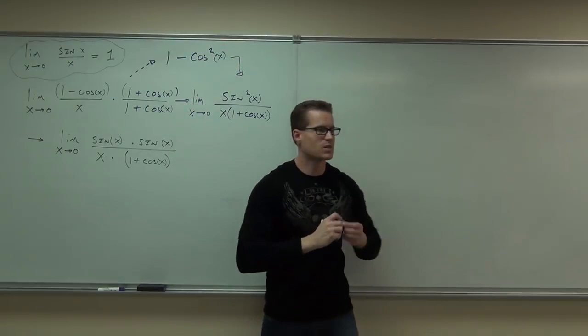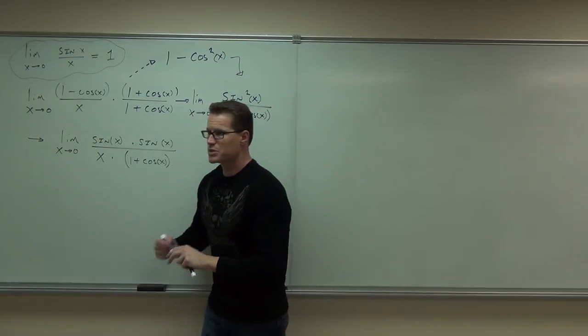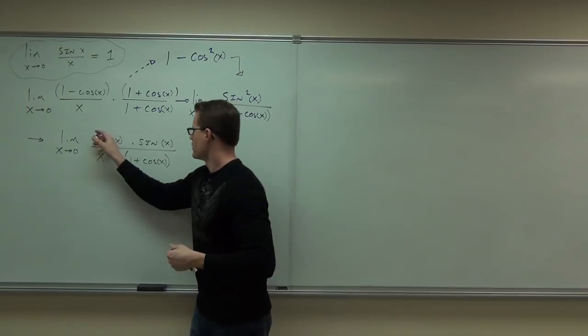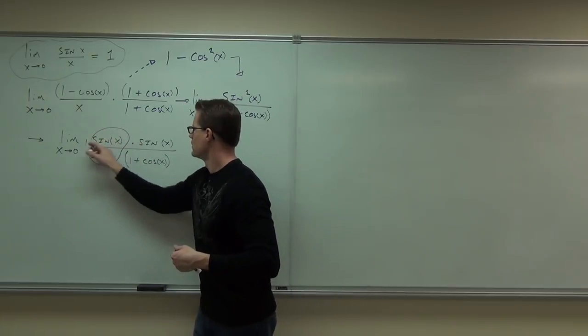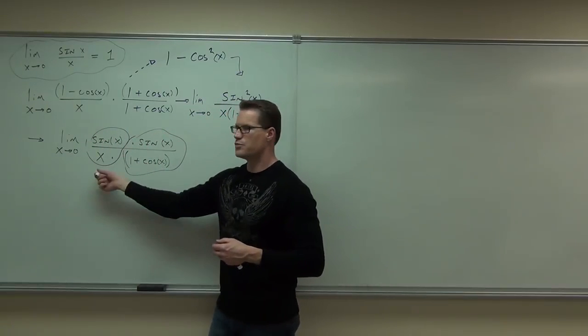Here's the idea. Look at it. Because we can separate limits by multiplication, check out what we can do. I can group together, because it's just fractions, this thing and this thing. Do you see it? Does that thing look familiar?